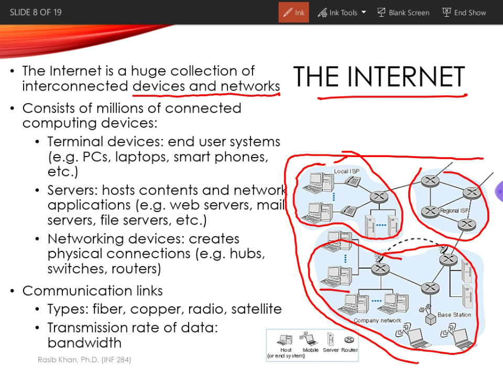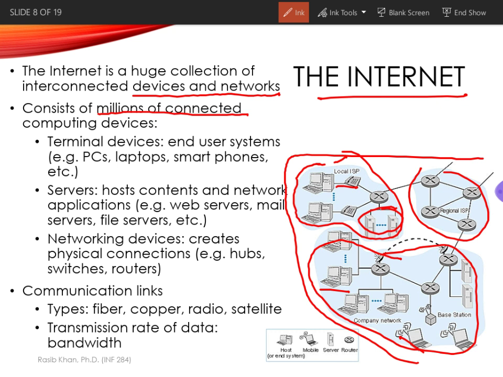So you have home computers here, you have laptops, you have phones, you have servers, and all of these are connected through complex computer networking mechanisms. So these millions of devices are connected to function together as what we call the internet.